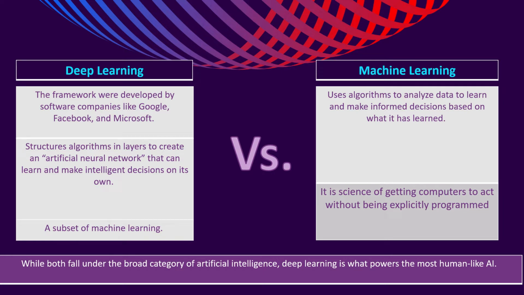They use these models to learn from the input data and to make intelligent decisions. Deep learning is a subset of machine learning, and both fall under the broader category of artificial intelligence. But deep learning is usually what's really behind most of what we see as human-like artificial intelligence.